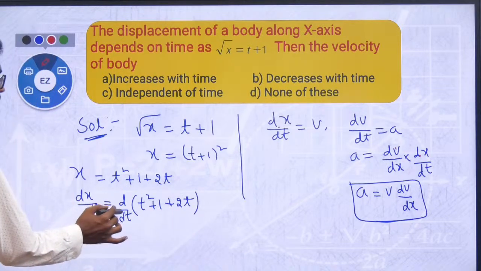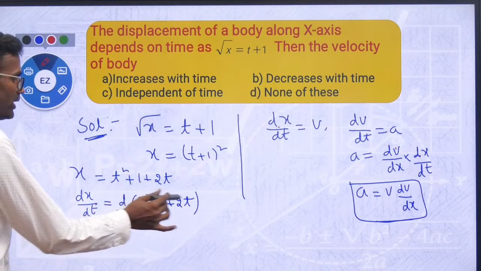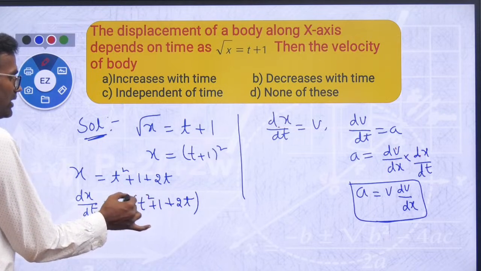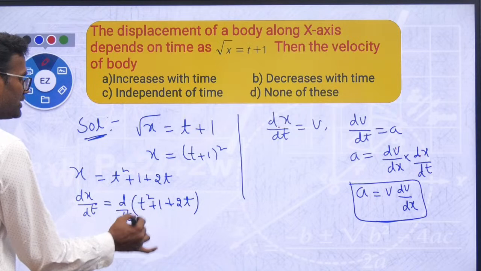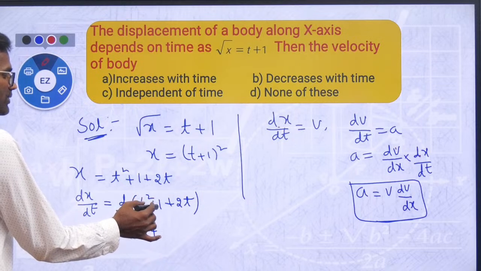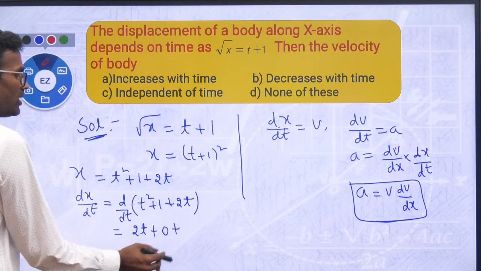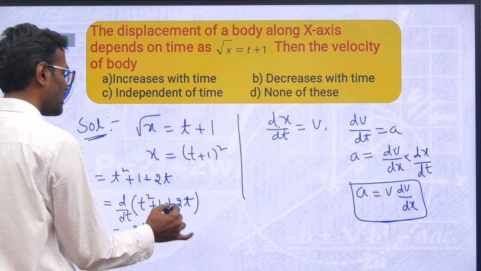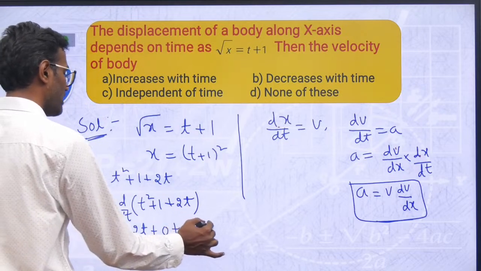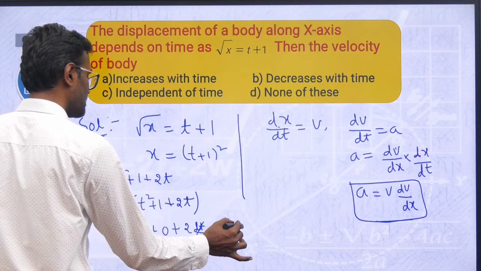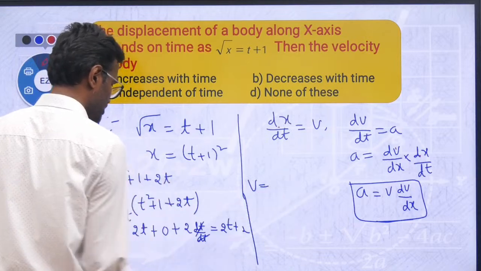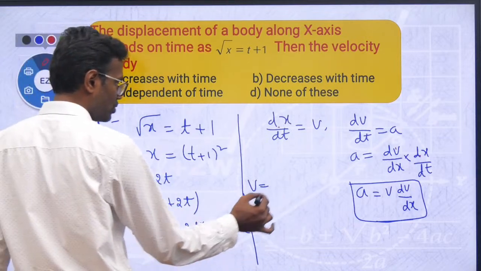Now do it separately. d by dt of t square is 2t. Differentiation of a constant is 0. d by dt of 2t, taking 2 out, dt by dt cancels out, gives 2. So what is your answer? 2t plus 2. So velocity is equal to dx by dt is equal to 2t plus 2.